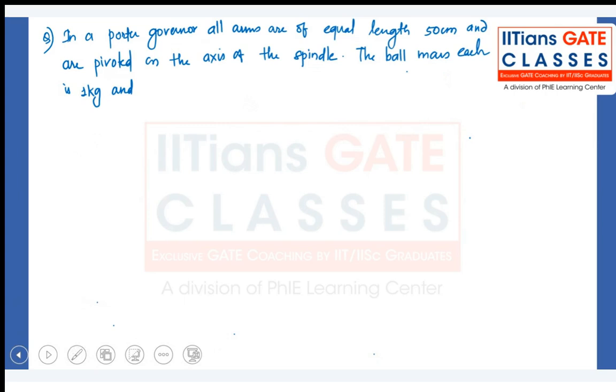The mass of each ball is 1 kg, fine, and that of the sleeve is 20 kg.